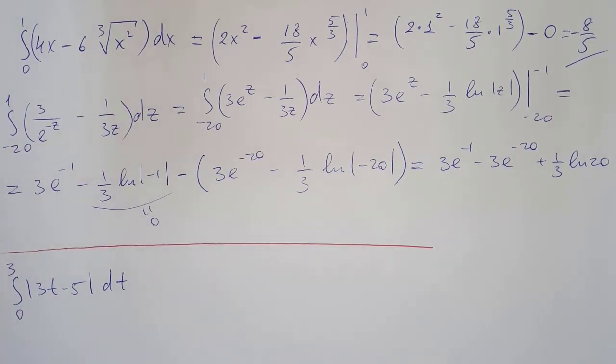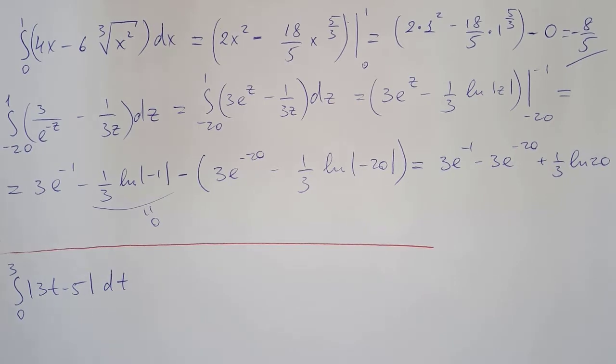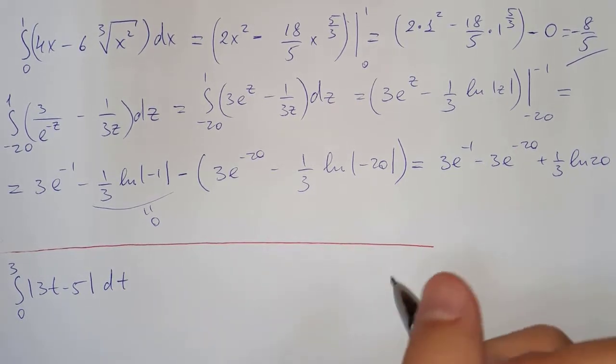We need to determine here where the quantity on the inside of the absolute value is negative and where it is positive. So how can we find it? Let's find here 0. So the zero of this function is t equals 5 over 3, yeah?